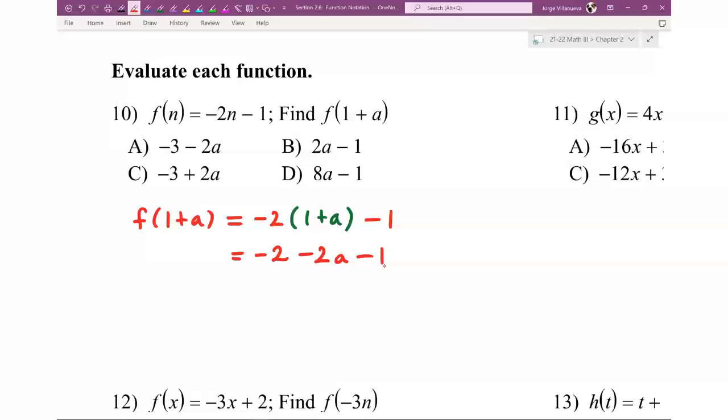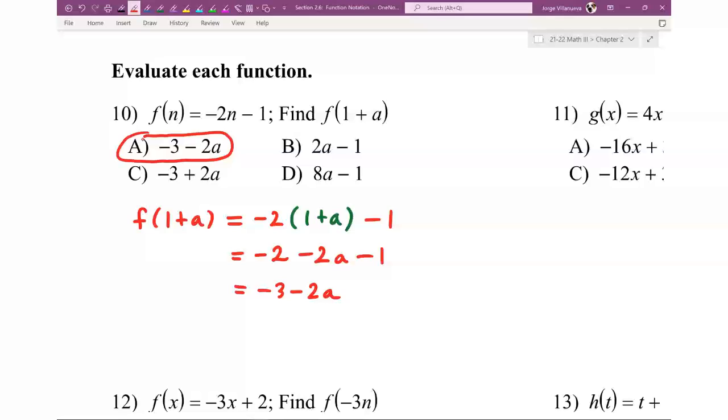That becomes a negative 3 minus 2a. Again, still easy to do, just a little bit more lengthy work, right? And like I told you, most of the time it ends up being an expression, not an actual just number like a 7 or something. It's going to be some kind of mathematical expression.